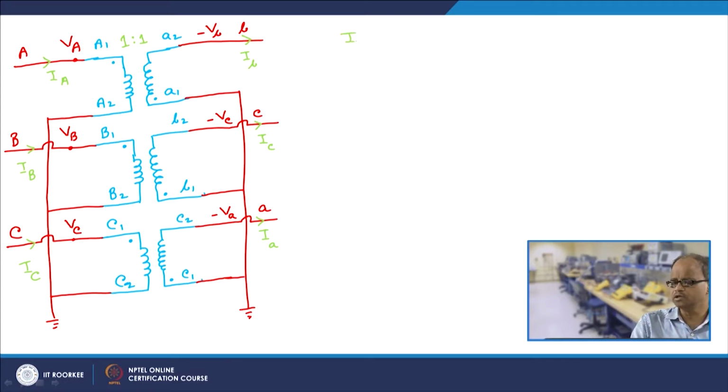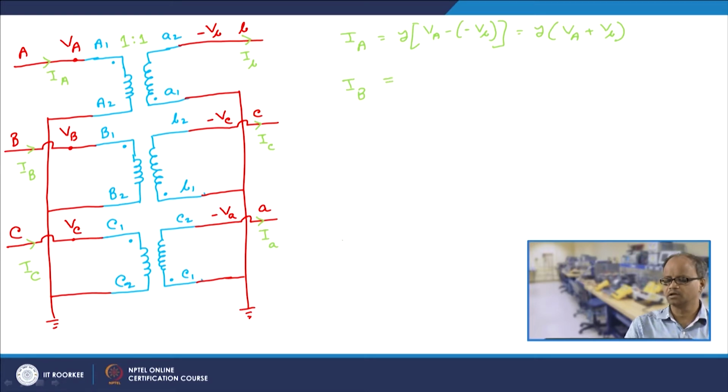So what would be the equation? The equation would be IA into Y, where Y is again the transformer leakage admittance, would be VA minus this voltage, minus VB. That means it would be Y into (VA plus VB). Similarly, what would be IB?